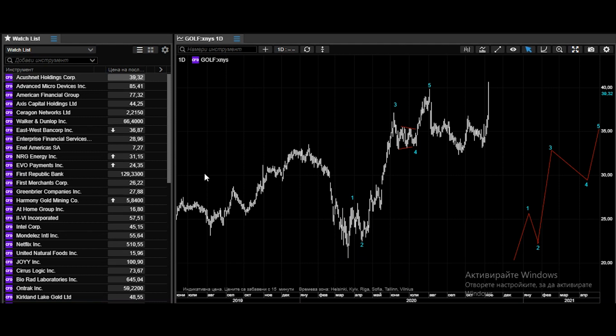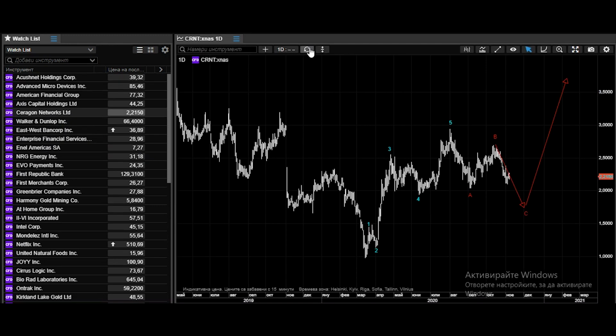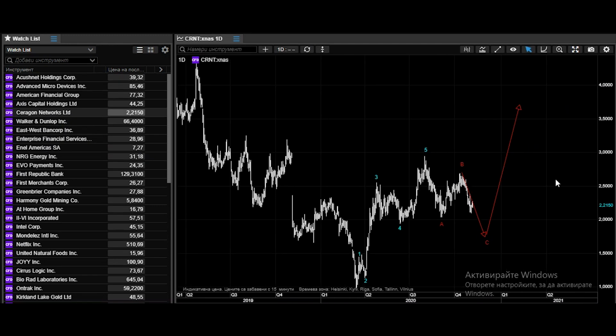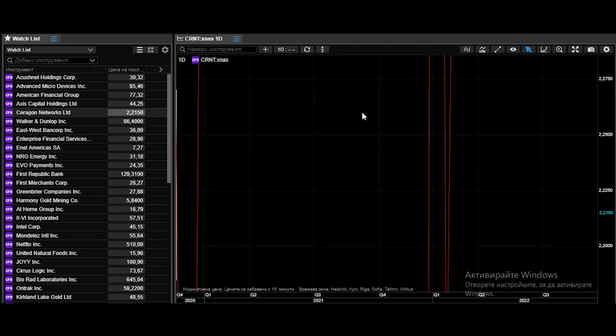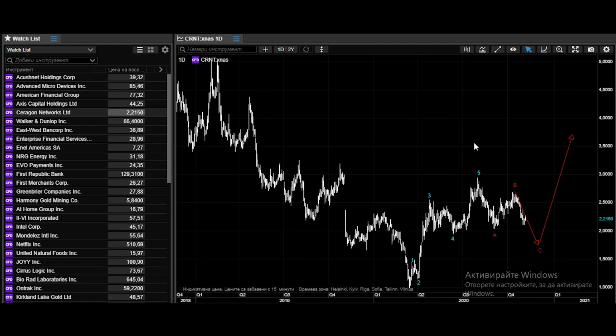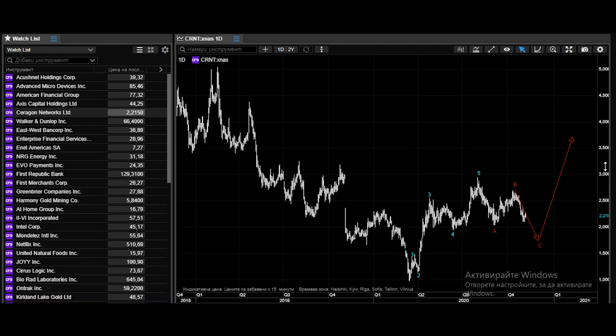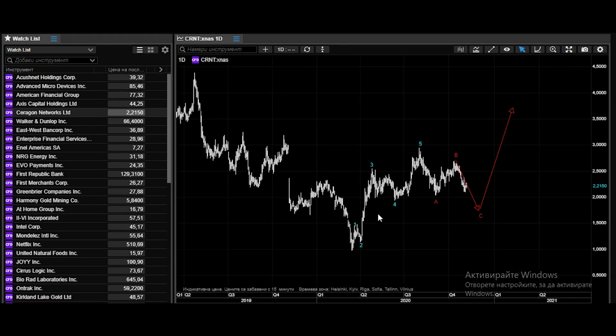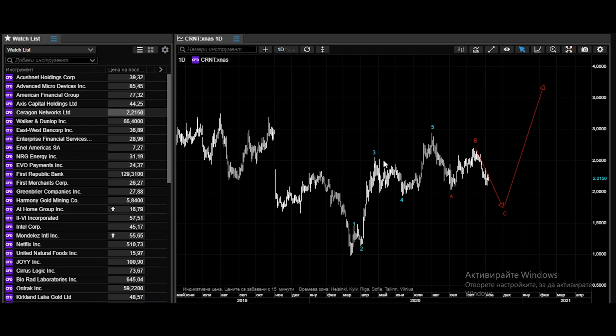Now let's see what it all looks like on the chart. For example, I open Caragon Networks, and what we see first, we have 5 waves advanced: wave 1, wave 2, wave 3, wave 4, and finally wave 5.